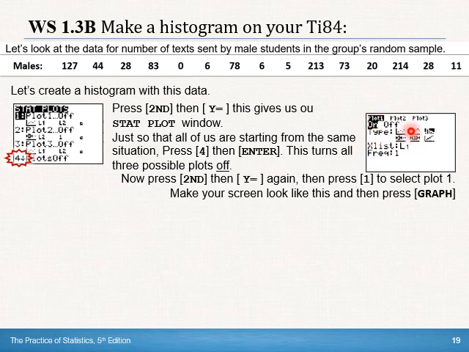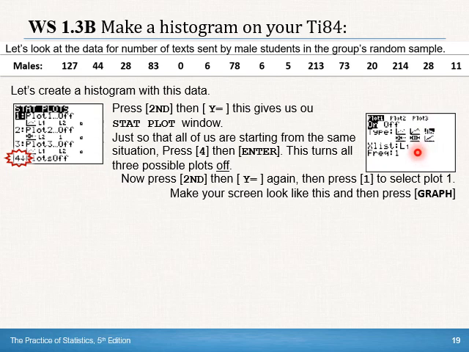And then cursor down, and you want to cursor over. You want this little graph here that looks like a histogram. You might have to cursor left and right to get through these, but you want to highlight it and hit enter, and it now makes it dark. So you're in histogram mode.